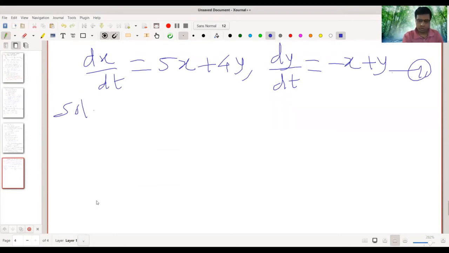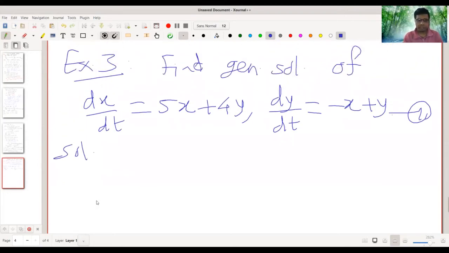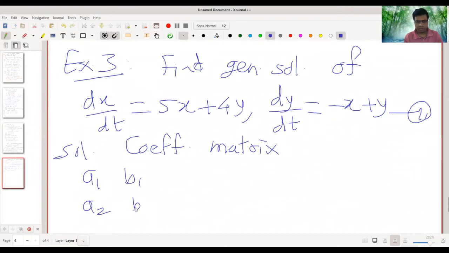So the coefficient matrix in this case is a1, b1, a2, b2, equal to 5, 4, minus 1, 1.